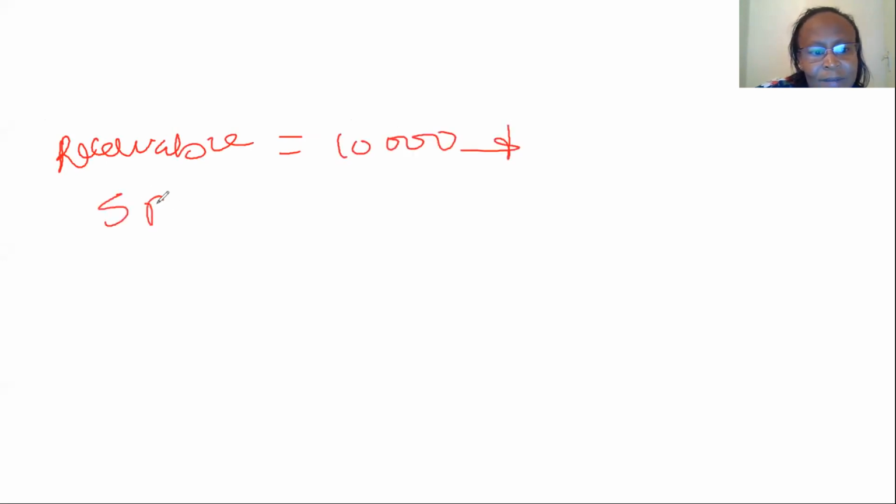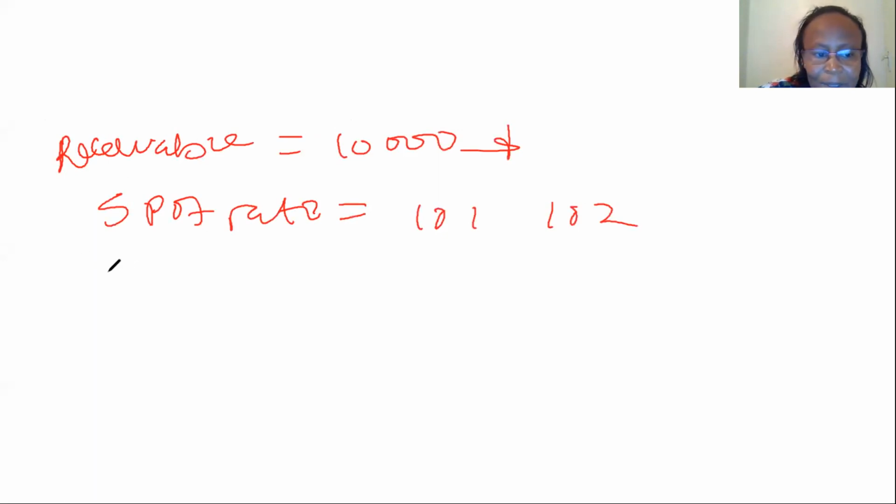You are expecting a receivable of 10,000 US dollars. Spot rate you are given is 101, 102. Those who are in class, you can know what is buying price and what is selling price. Then you are told 3 months forward rate.